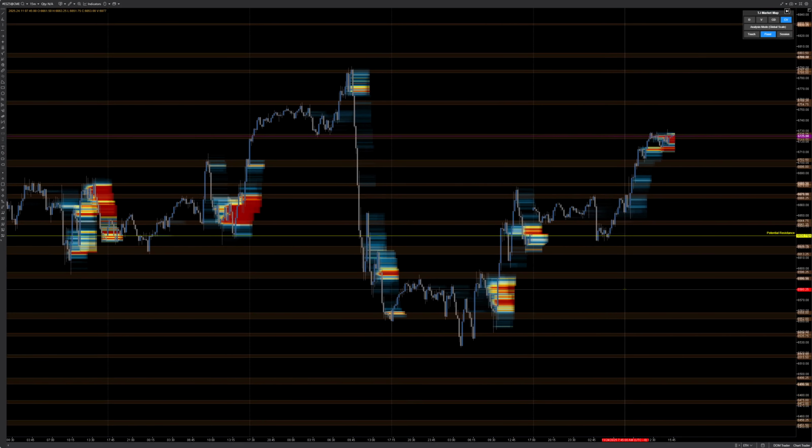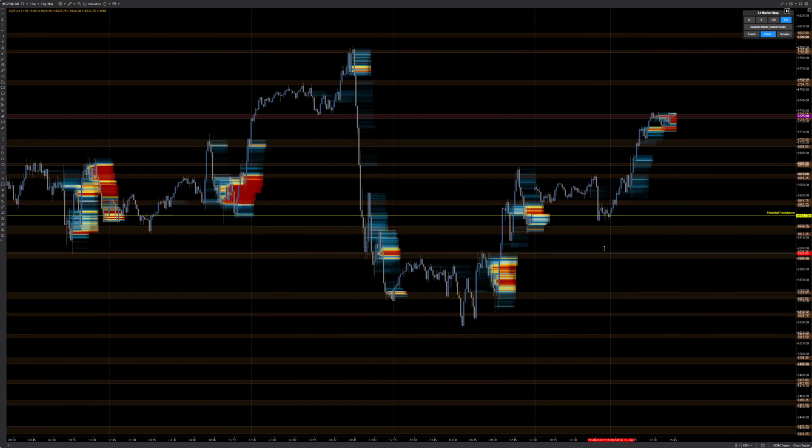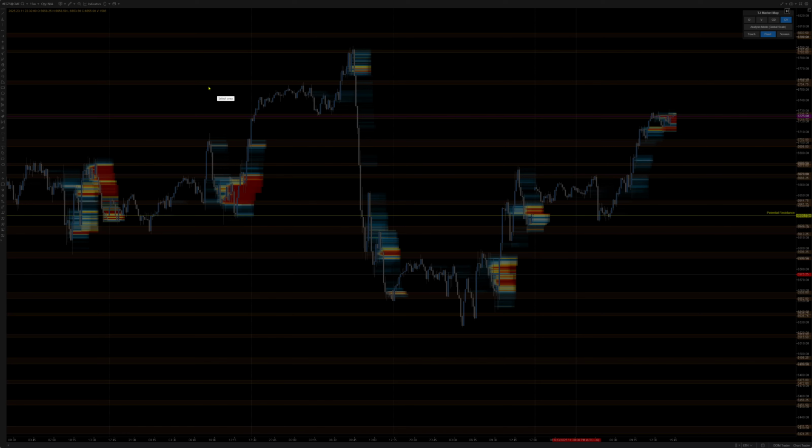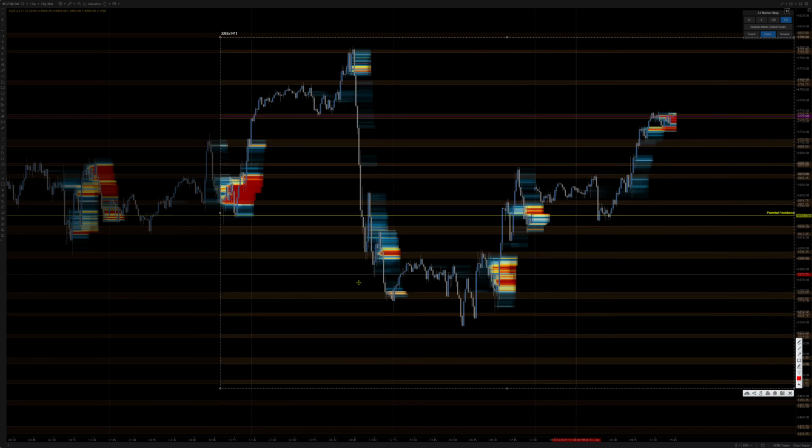So looking at these locations here, considering that the last locations here are more relevant than the previous locations, I would say that this location here, probably because it functioned as resistance here, market went back, market went through, tested again, and now it's support.